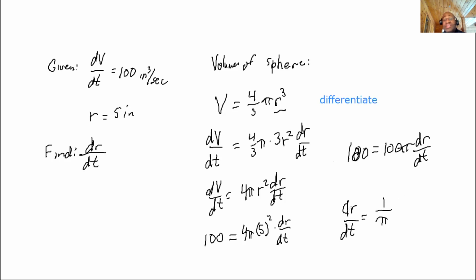And so this is the rate of change of the radius, so that's going to be in inches per second. Okay, and we can approximate that with our calculators. If we do 1 divided by pi, that's approximately 0.32 inches per second.